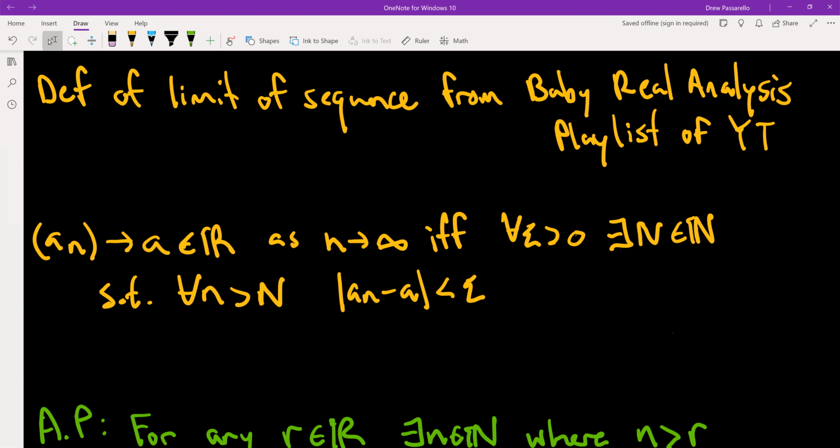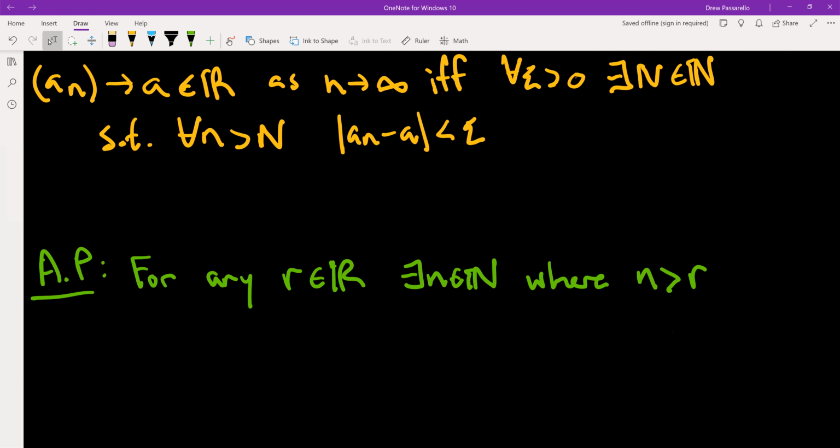Essentially, capital N is the index for the term after which all the terms that come after it are within an epsilon distance of the value that the sequence converges to. A lot of these proofs will involve invoking the Archimedean principle.